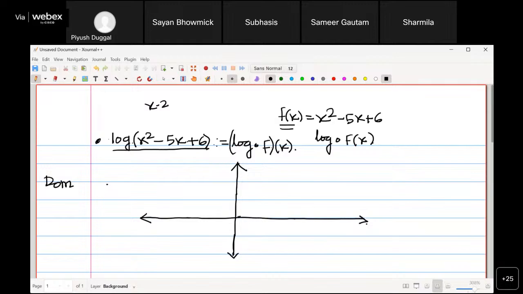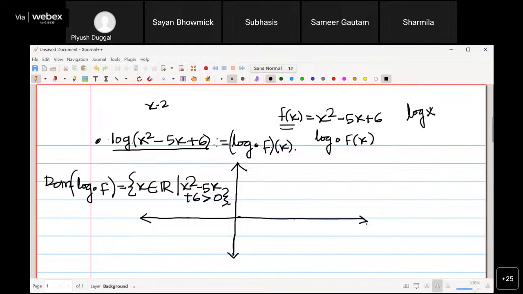So the domain of log composed with f is all the points in the real line R such that x square minus 5x plus 6 is greater than 0. Because if x square minus 5x plus 6 is less than or equal to 0, then log of that thing is undefined, right?